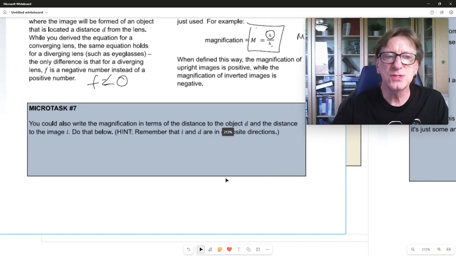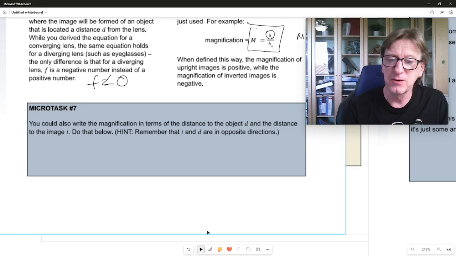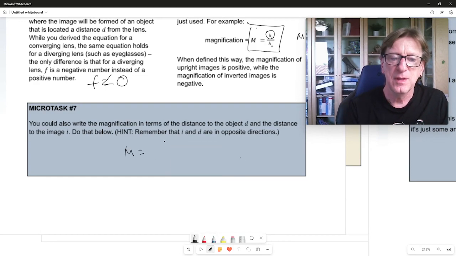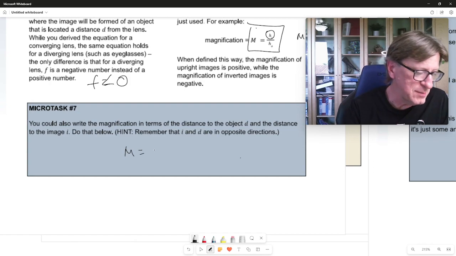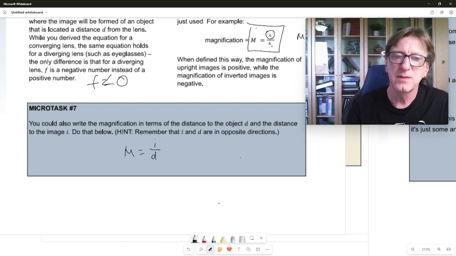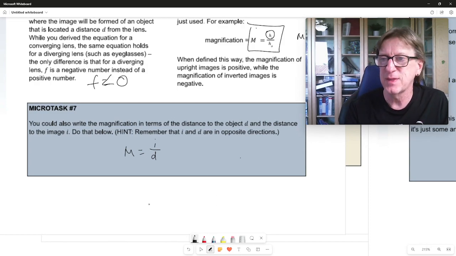Okay, now we could also write the magnification in terms of the object distance. Do that below. Now remember that D and I are going to be in the opposite direction. So what would that work out to be? Well, our magnification must be related to the image distance divided by the object distance.